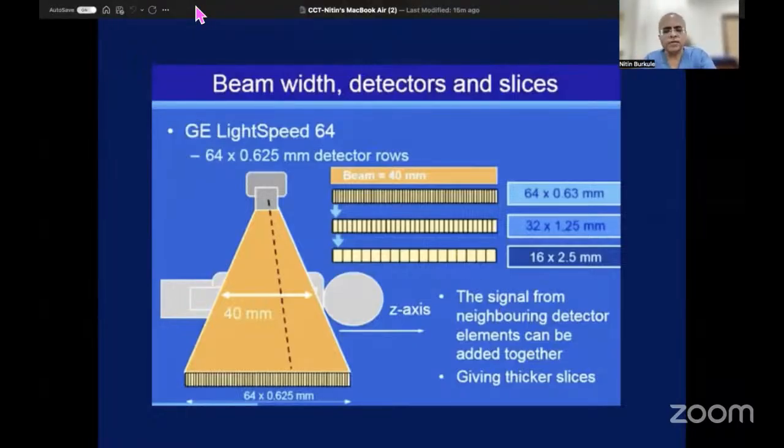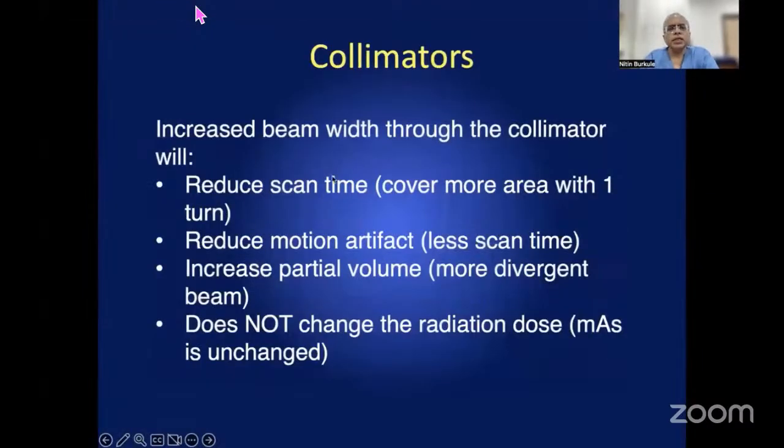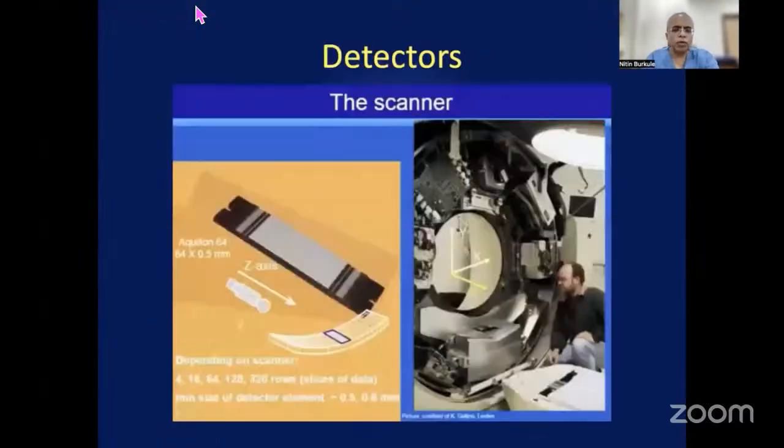That is how you decide about the thick or the thin slice. The collimator's width reduces the scan time if it is a very large width, because then you will cover more area. But the problem is that if you make a very thick beam, you can have partial voluming. It does not change the radiation dose at all.